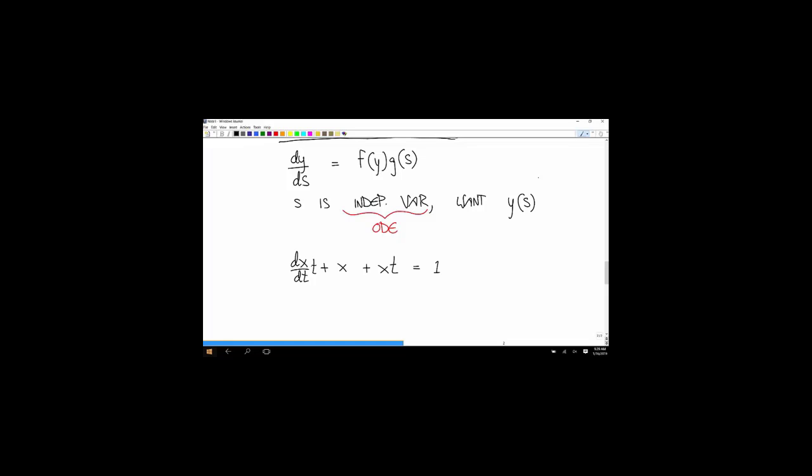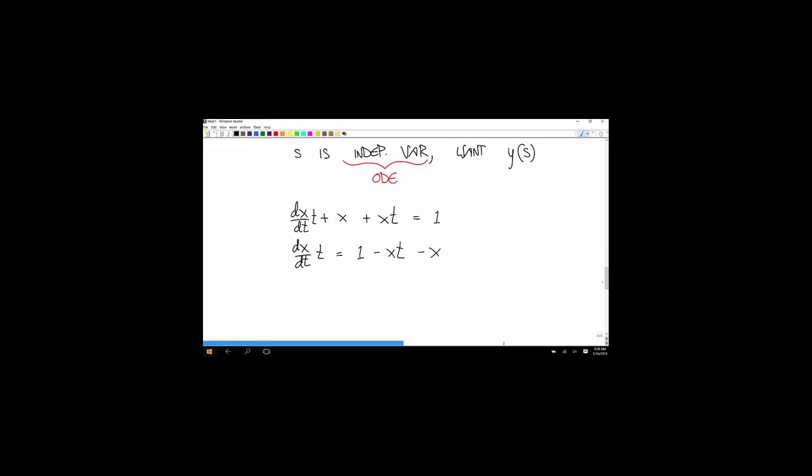So dx/dt times t plus x plus xt is equal to 1. So dx/dt times t is equal to 1 minus xt minus x. Then divide both sides by t, and you get 1 over t minus x minus t.